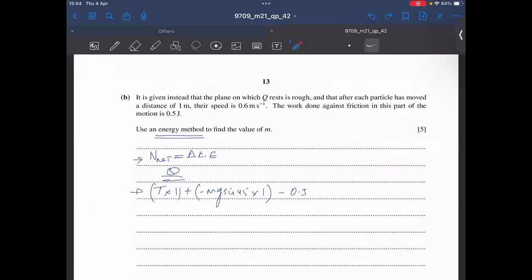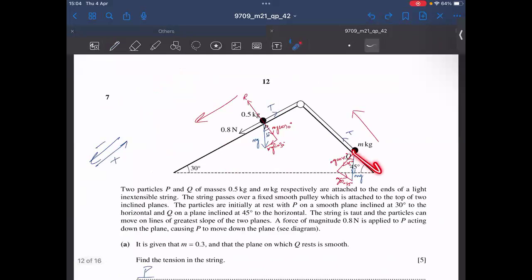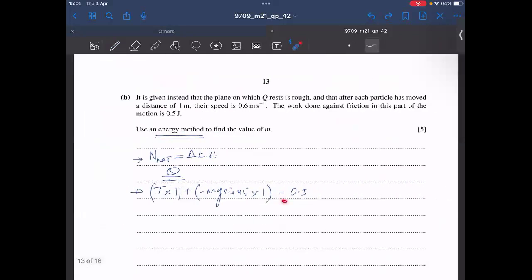Why negative? Because the force of friction and the displacement are opposite in direction. So the work done is going to be taken as negative. And same goes for this component of gravity. It's acting downwards while the displacement is upwards. So it equals M times A, and A is not known yet.